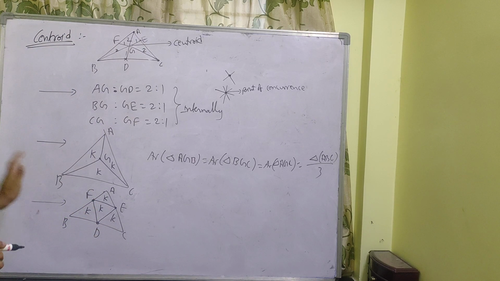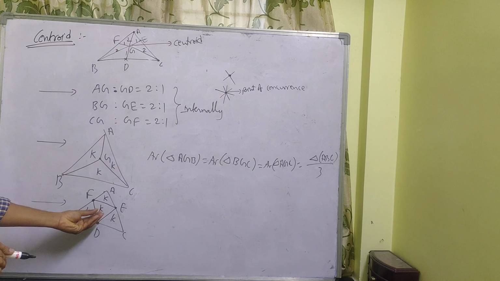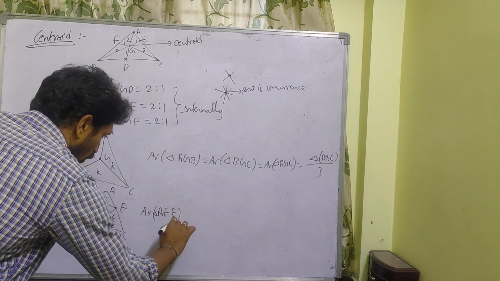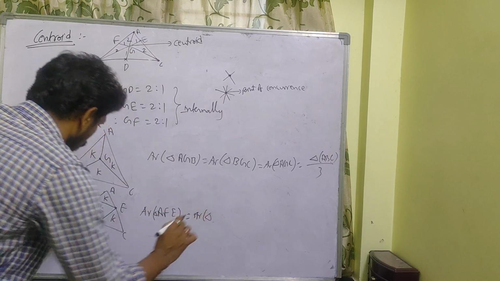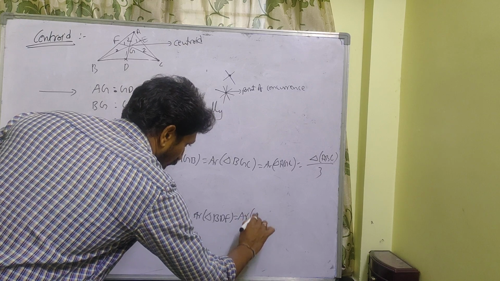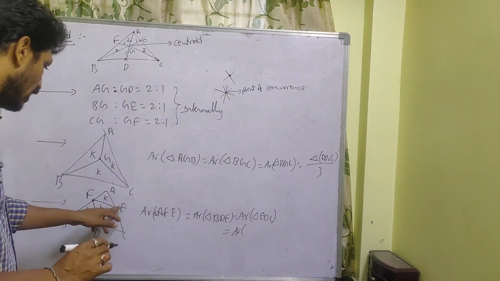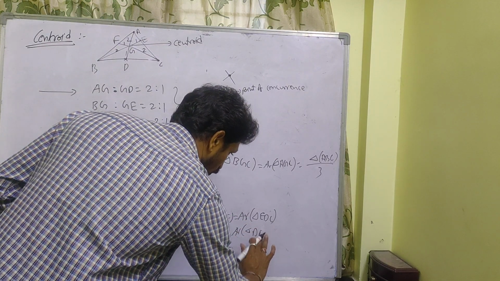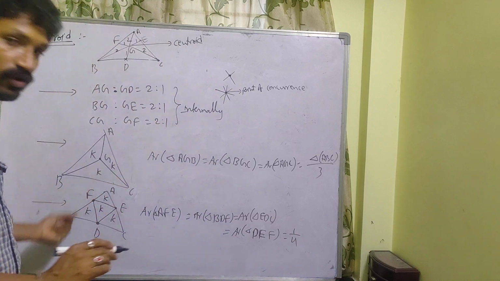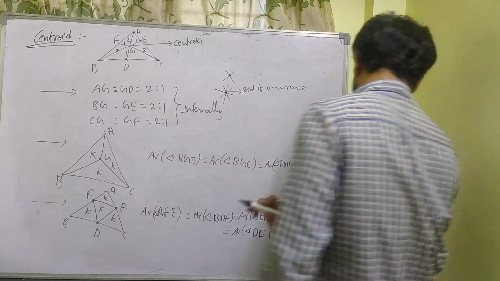Because the total area is divided into four equal parts, the area of triangle AFE is equal to the area of triangle BDF is equal to the area of triangle EDC is equal to the area of triangle DEF is equal to 1/4 of the area of triangle ABC.